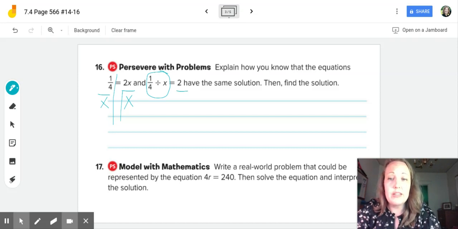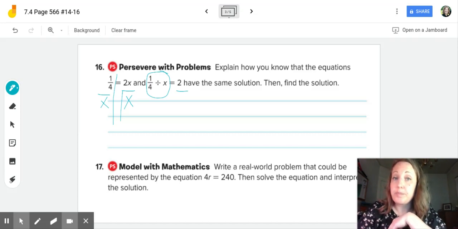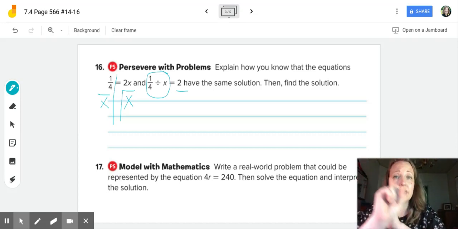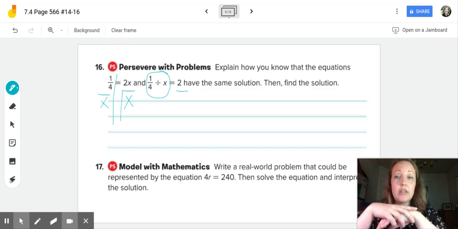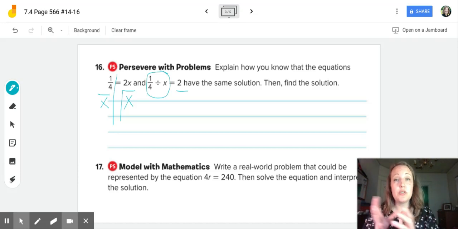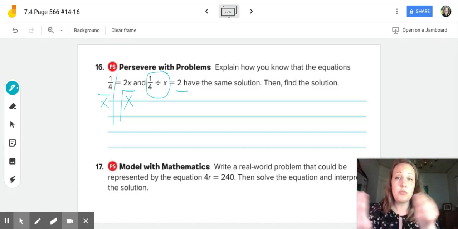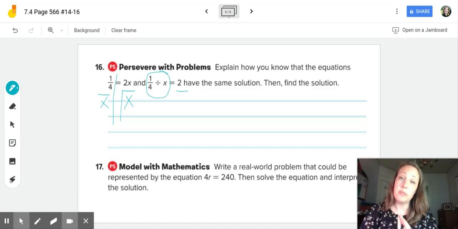Would that be all by itself when I take x and divide it by x? Absolutely. Anything divided by itself is 1, and 2 times 1 is 2. So we've proven that those two equations would be the same. We've just rearranged them using inverse operations.